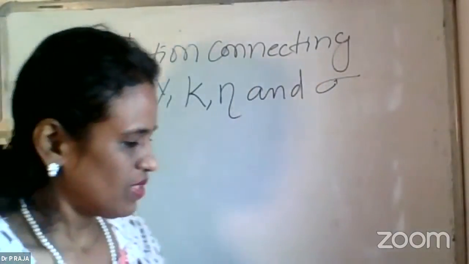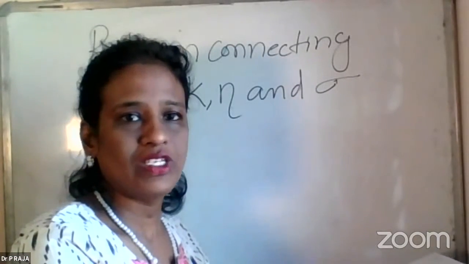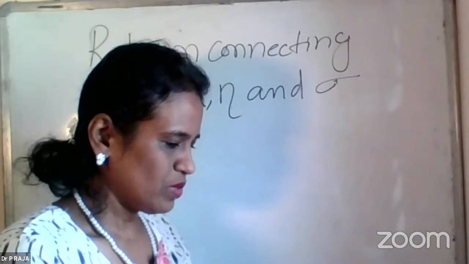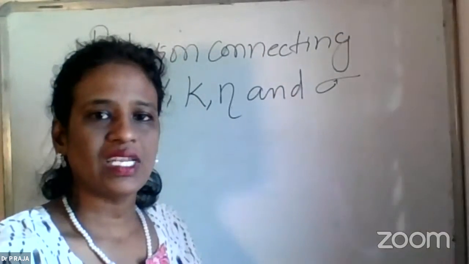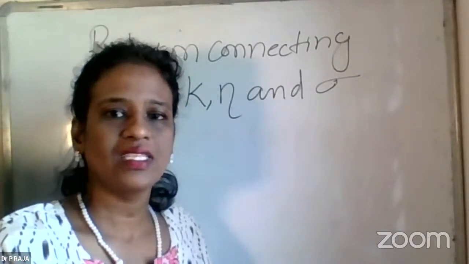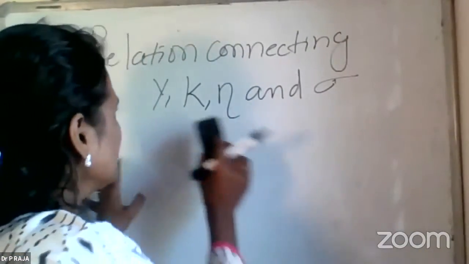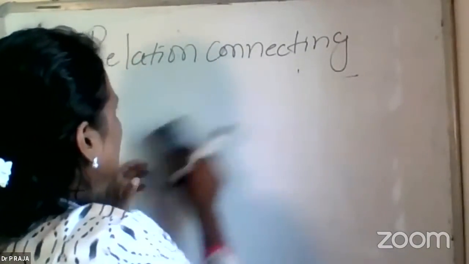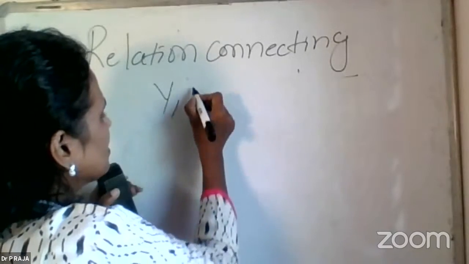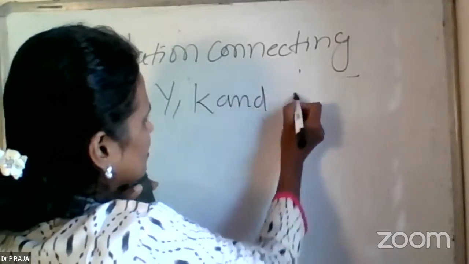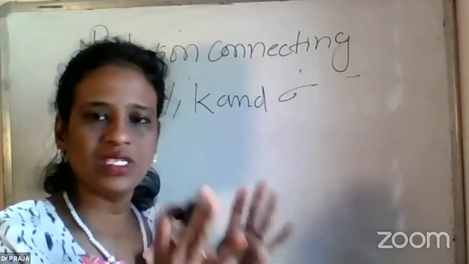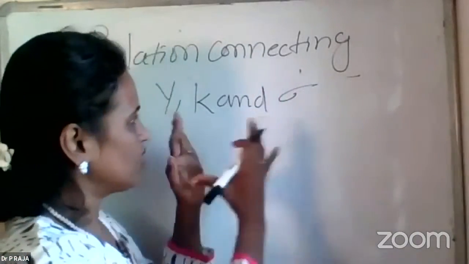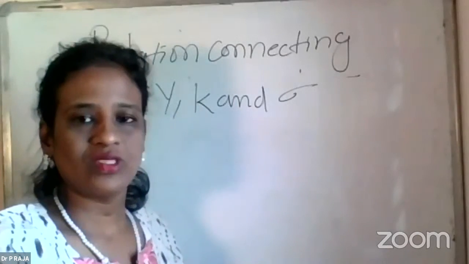In the very second video of mine, you must have seen the relationships which connect the Young's modulus, bulk modulus, and the Poisson's ratio. These three, Y, K, and sigma, have been studied. This was discussed using a cube when it is compressed on all the sides.